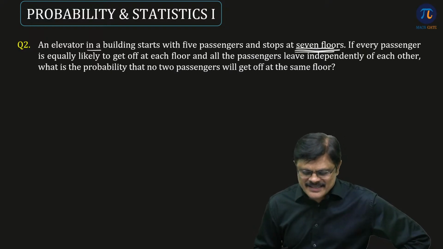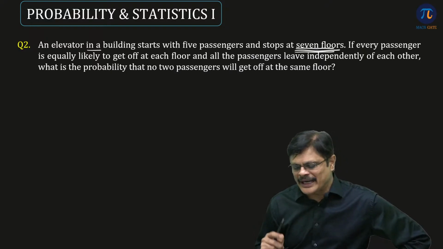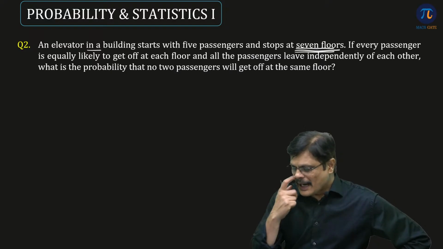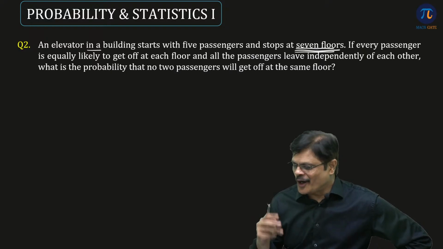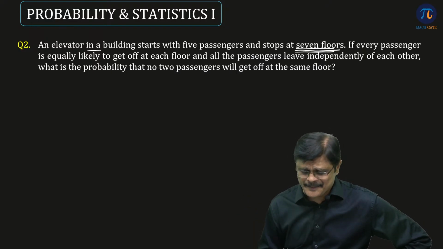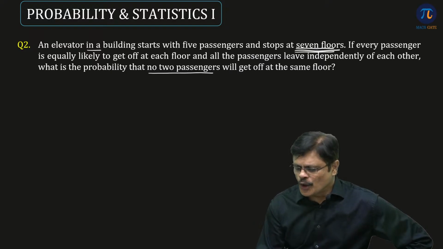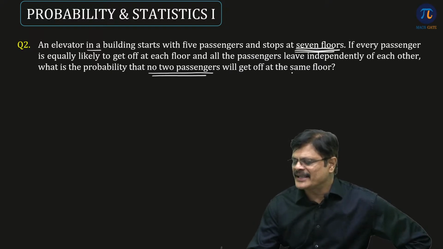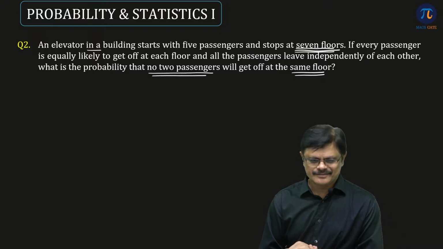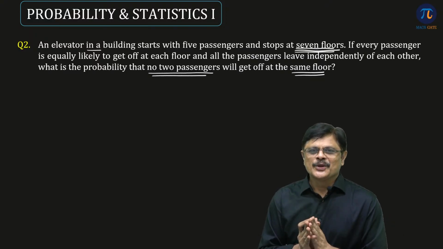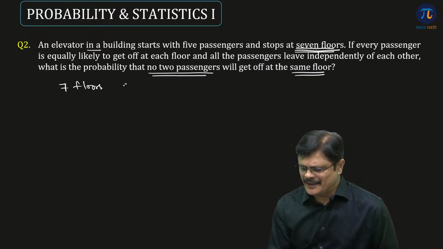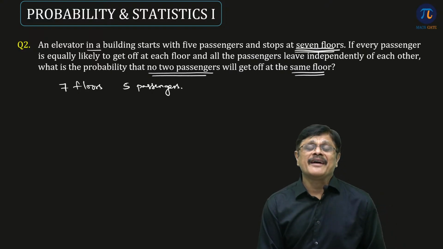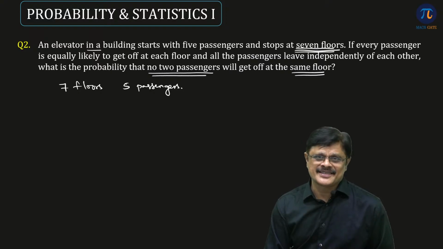If every passenger is equally likely to get off at each floor and all the passengers leave independently of each other, what is the probability that no 2 passengers will get off at the same floor? So here we are having 7 floors and 5 passengers.